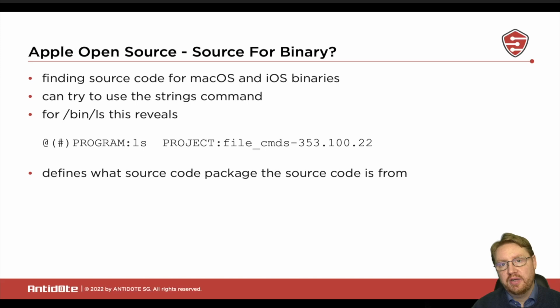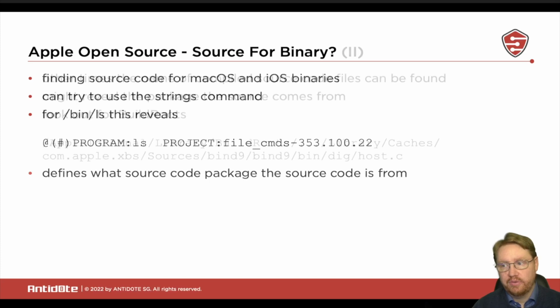For example, /bin/ls will reveal the following string: program is ls and project is file_commons and then a build number. This is exactly the package that you will be interested in looking for on the Apple specific open source server.